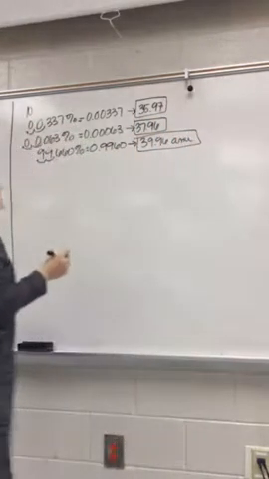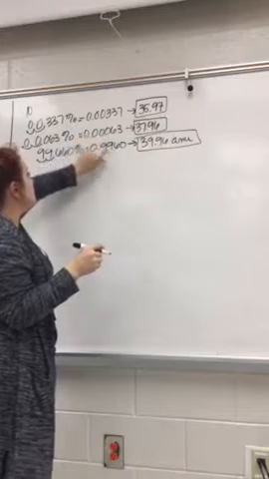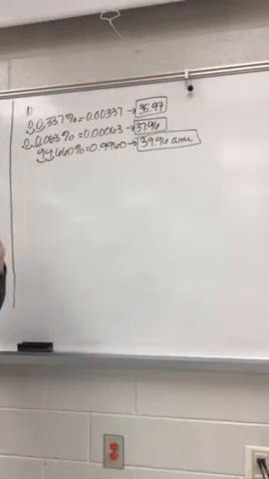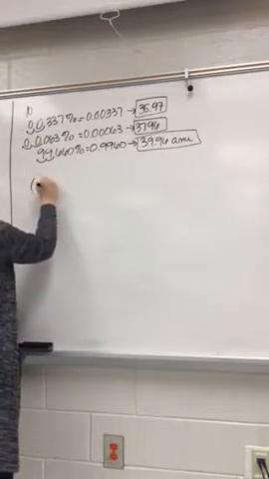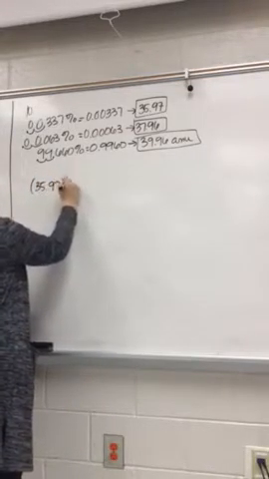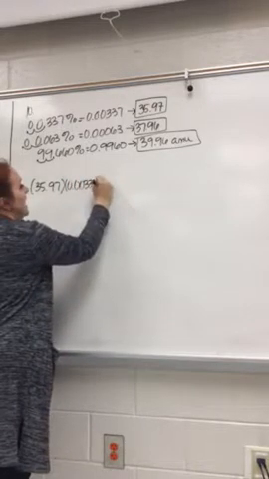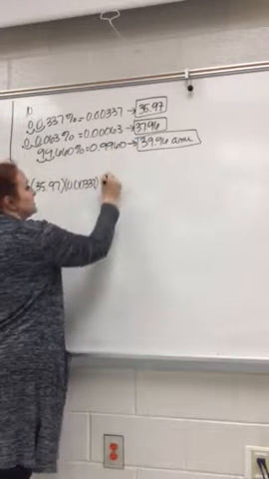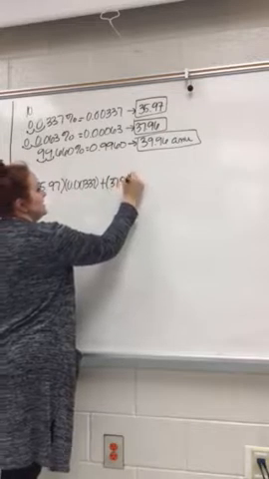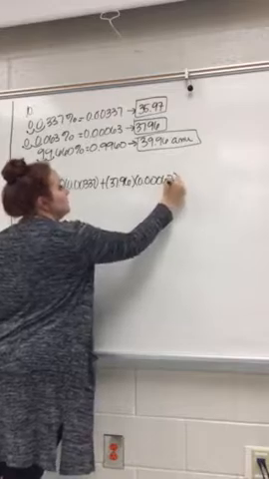So what we're going to do now is take the boxed numbers and the decimal numbers that we have figured out, and multiply them against each other. Here's our first box number, 35.97 times 0.00337. Because there are multiple isotopes, we're going to add that to our next box number, which is 37.96, multiplied by 0.00063.